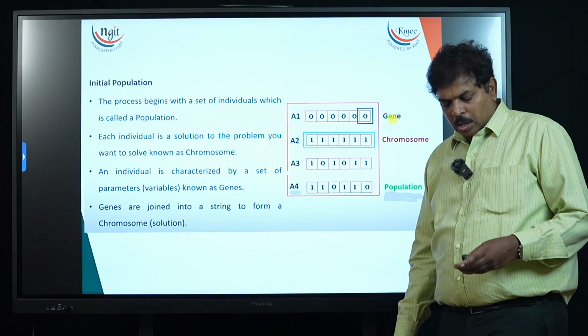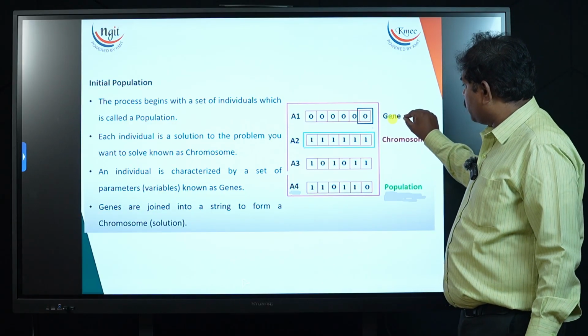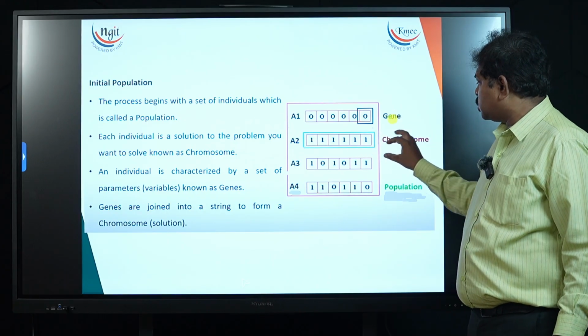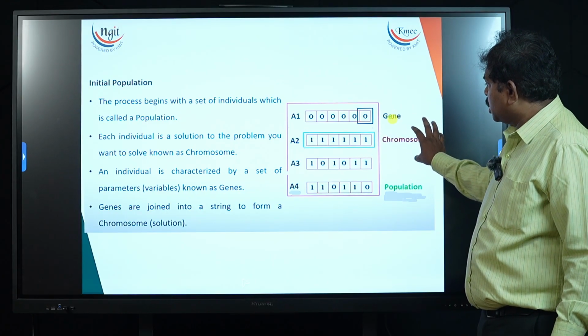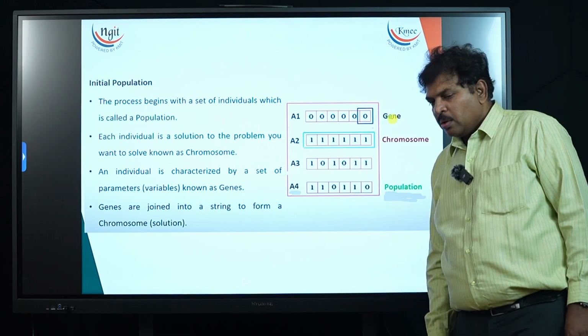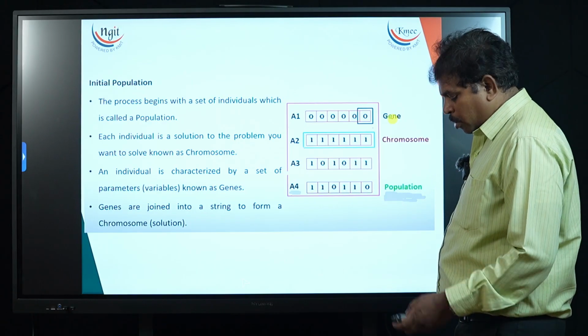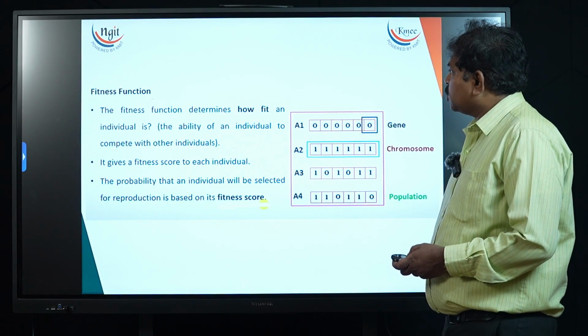Like in biological evolution, individual bits are genes, a combination of genes is a chromosome, and the collection of all these chromosomes we call the population. So that is the first step.